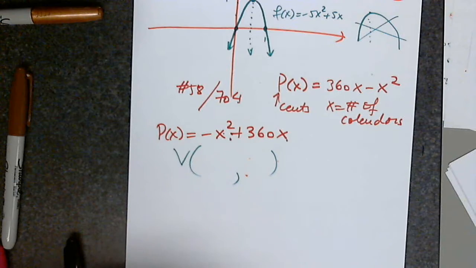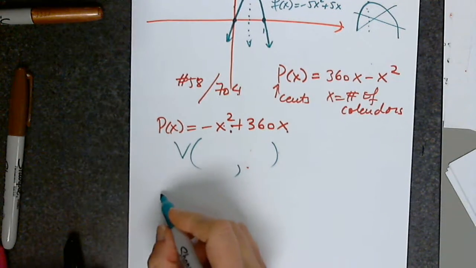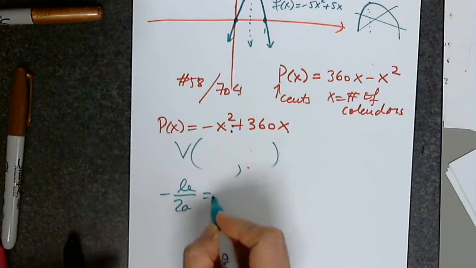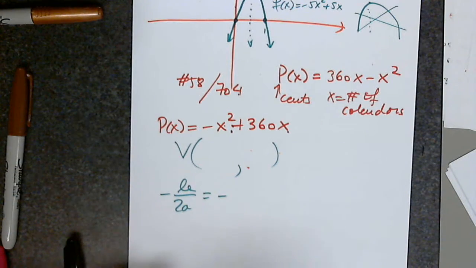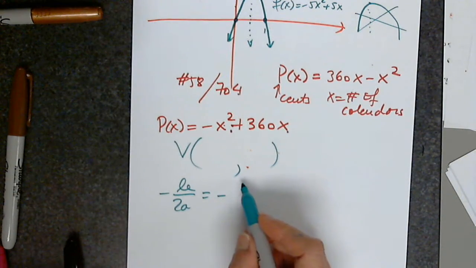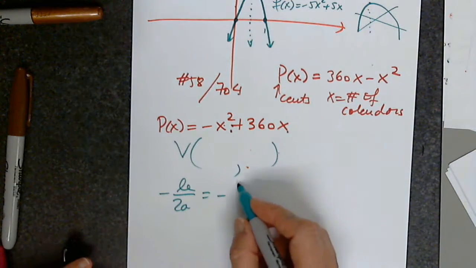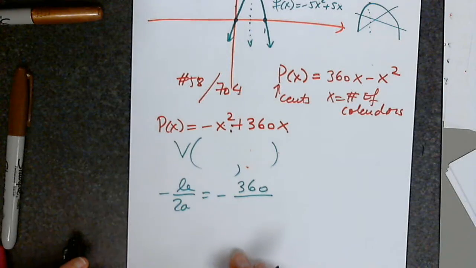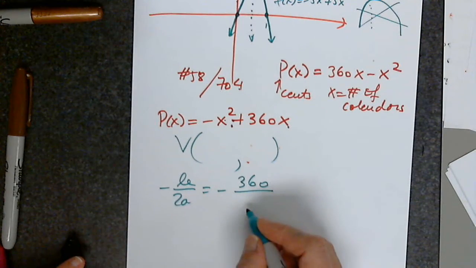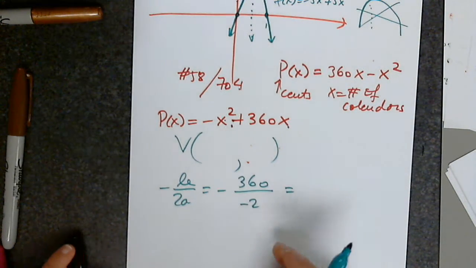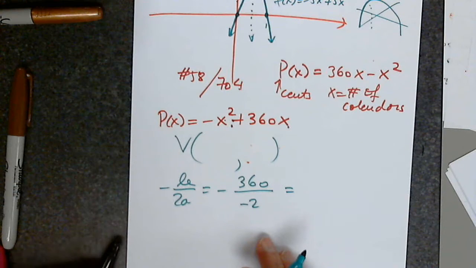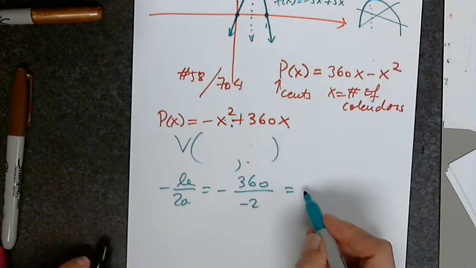Something that we know from the quadratic formula. -b over 2a. Negative B over 2 times A. Perfect. The answer for how many calendars will produce a maximum profit?